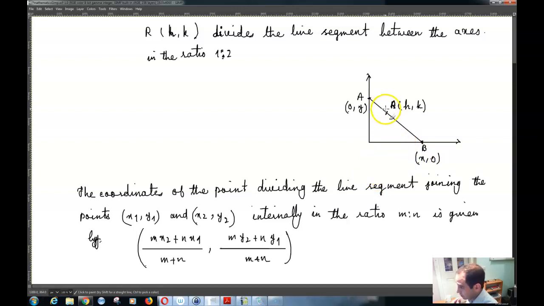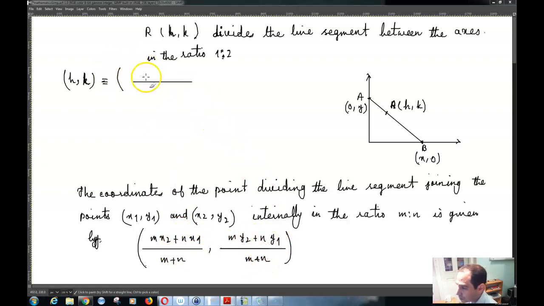The coordinates of the point R, which is equal to h comma k, is equal to m times x2 plus n times x1 over m plus n, m times y2 plus n times y1 over m plus n.